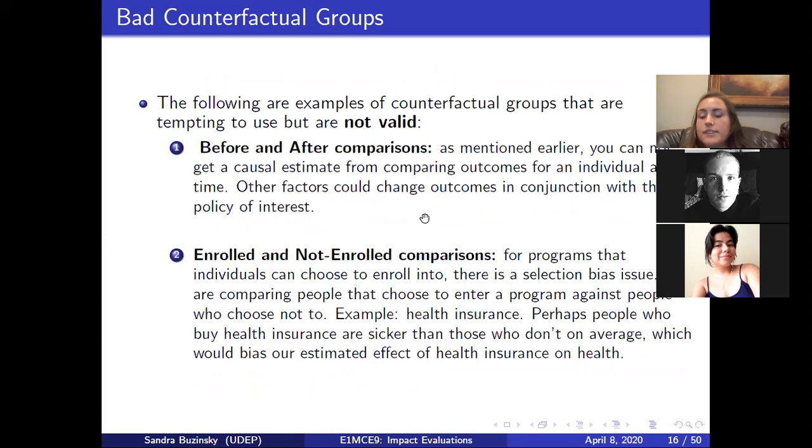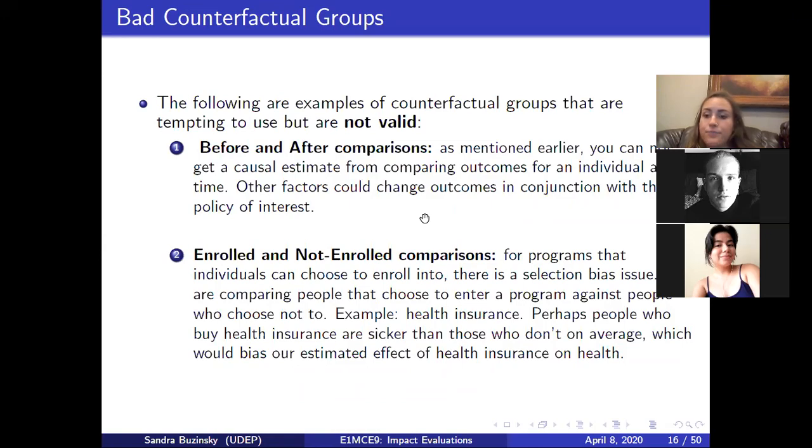Okay, and then there are two examples of counterfactuals that are not valid, but they're really tempting to use. We really want to use them, but we can't. So just be careful of these. The first one is before and after comparisons. We already talked about this a bit. You are not able to get a causal inference from using a before and after comparison.